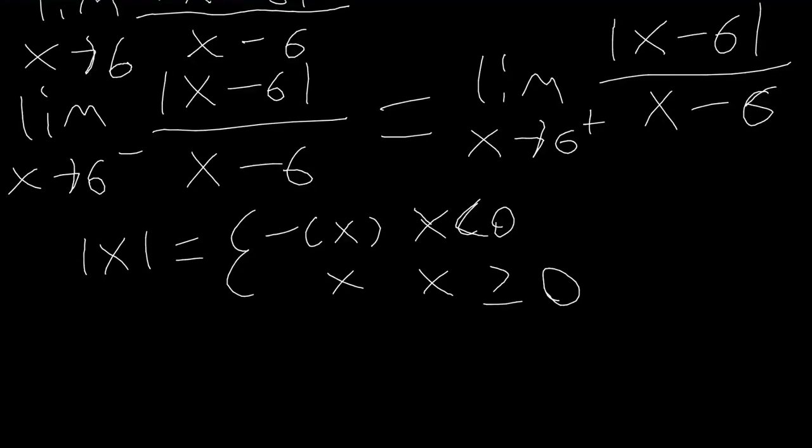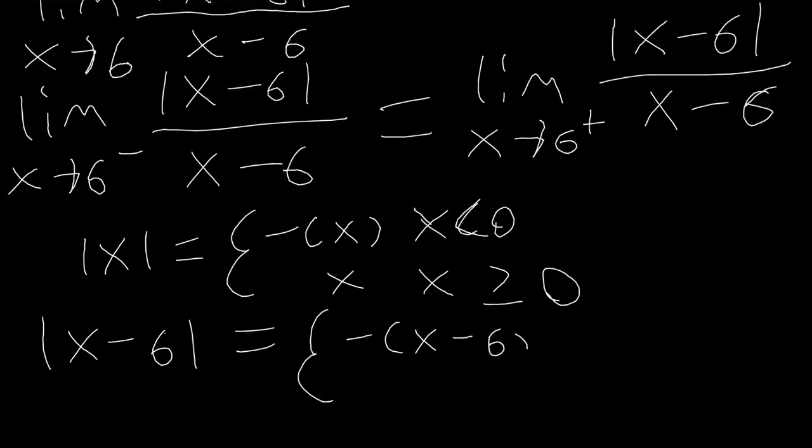So this makes sense because if you plug in points to the piecewise function and into the absolute value of x, we realize they are equivalent. So to do the same thing for the absolute value of x minus 6, we just have to realize that, like the absolute value of x, one of them must be negative, so it's negative, parentheses x minus 6, and then x minus 6.